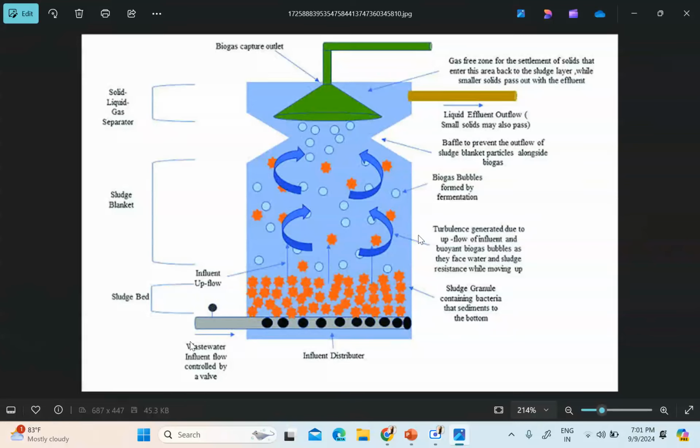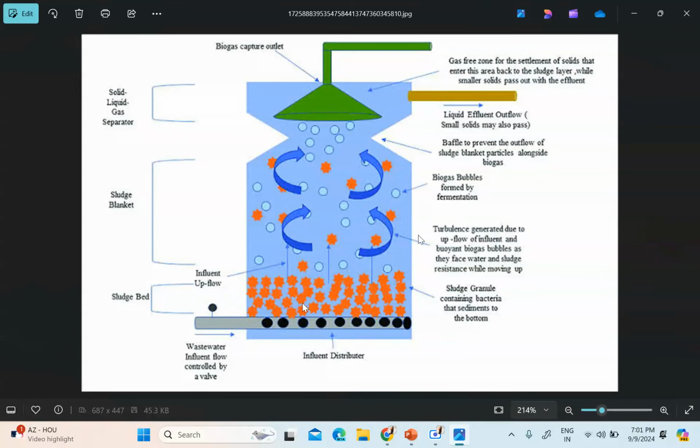But here the wastewater is coming from the bottom and going up. Here you see the pipe going inside, and this is the influent distributor. Here you can see the sludge granules containing bacteria that sediment to the bottom. So here you see these granules.